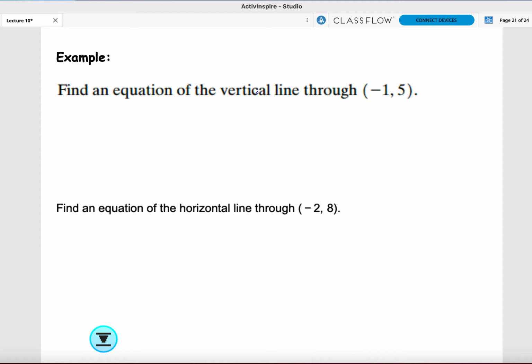We want to find an equation of a vertical line through (-1, 5). So vertical line means it's an x equals line. And so this is x comma y. To go through this vertical line at (-1, 5), we need to go through the x value, which is negative 1. It's very important that you understand that.